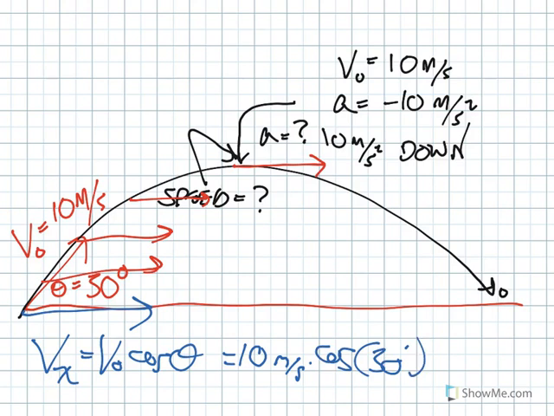Cosine of 30 is about 0.86. And so 10 times 0.86 is about 8.6 meters per second. That sideways velocity is the same everywhere along this path. So at the very highest position, it's no longer moving up or down, it's going sideways. So your velocity at that position is 8.7 meters per second.